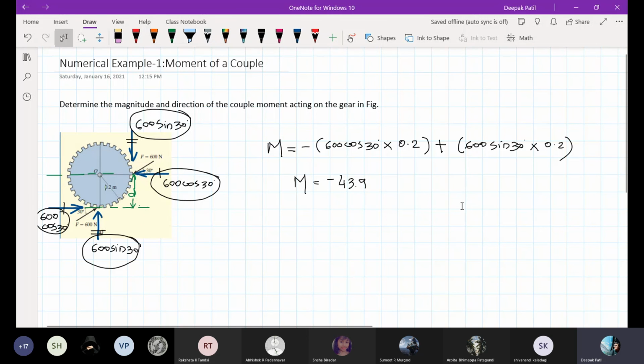So it is minus 43.92 newton meters. Are you clear, students? Yes, sir. Okay. So like this, we can find the moment of a couple.